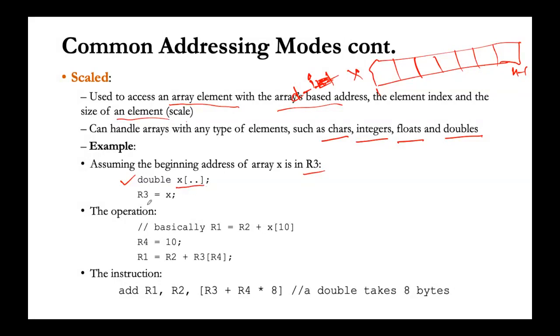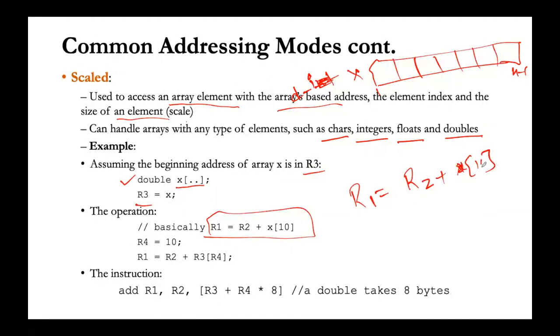The base address of the array will be stored in one register, and then it starts accessing the other elements by following the size of your element. The operation is given like this: R1 will store the value of the content which is added in R2 plus the elements of your X, that is 10 elements.